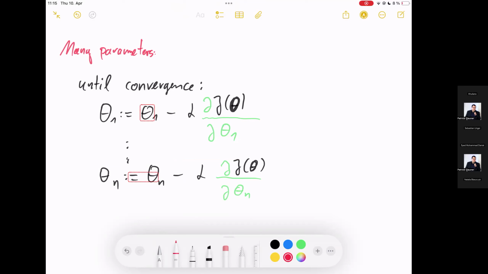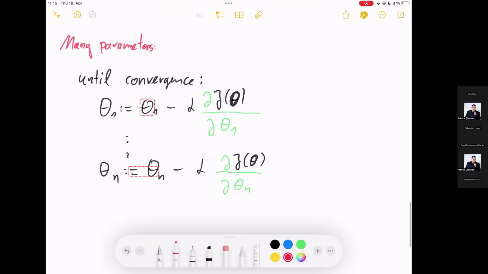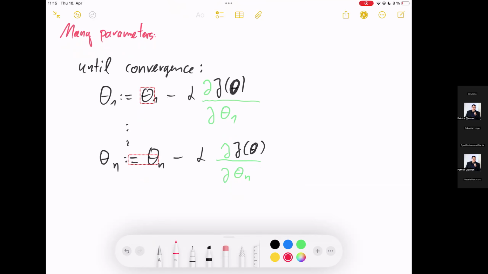I'll give you a moment. Waiting for you. So I saw some green reactions, or maybe either turn on your mic or send us in the chat what the gradient of a function is.